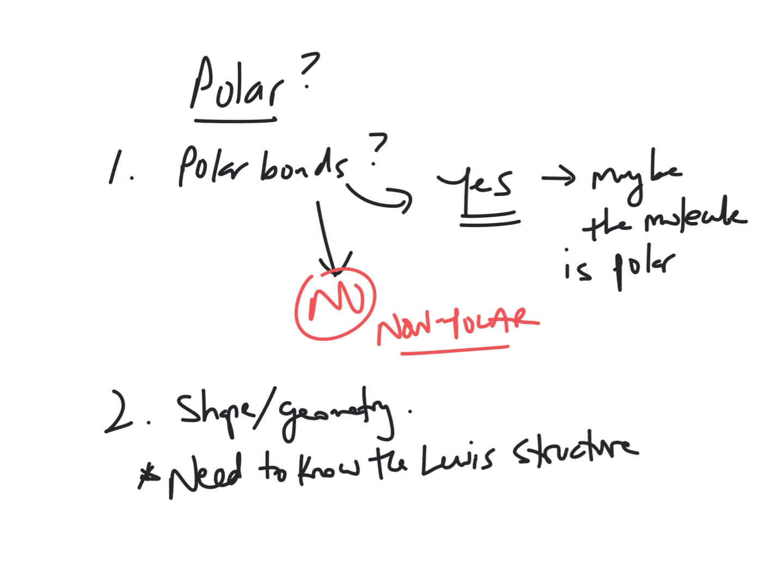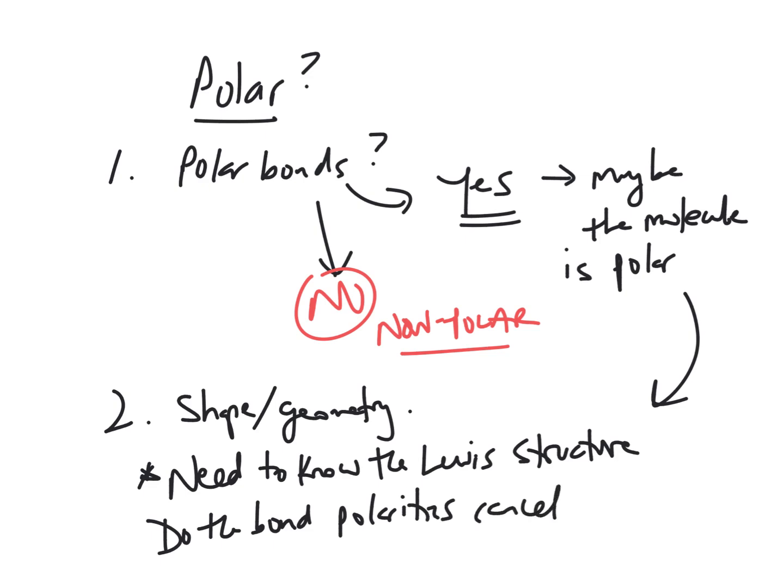If you get to this point and you say, yep, it's got polar bonds, and then you make the Lewis structure, you are evaluating in the Lewis structure: do the bond polarities cancel out? If they cancel out, then it's non-polar.